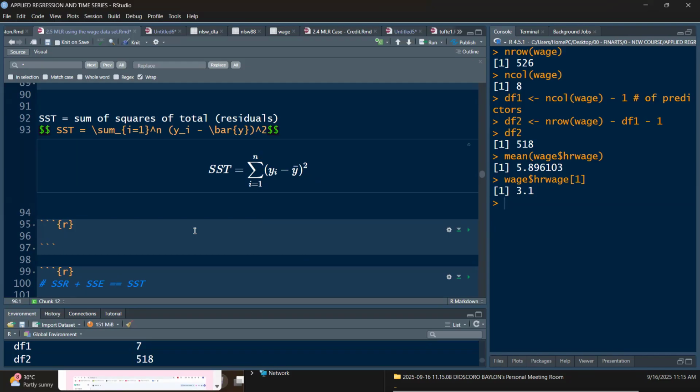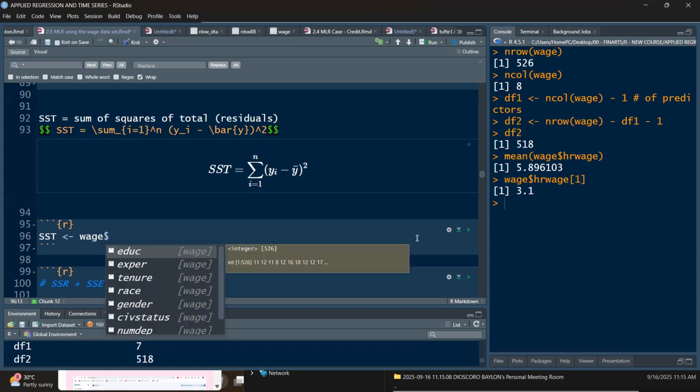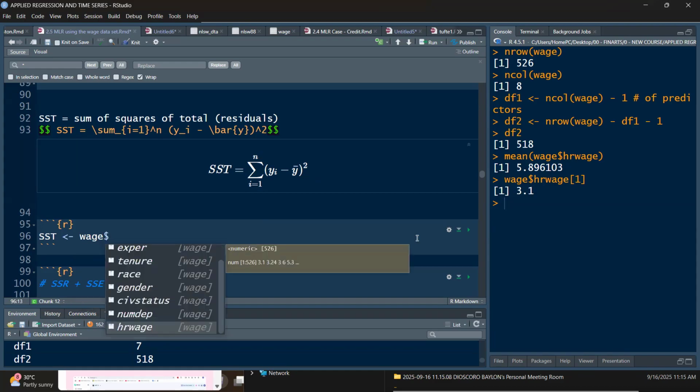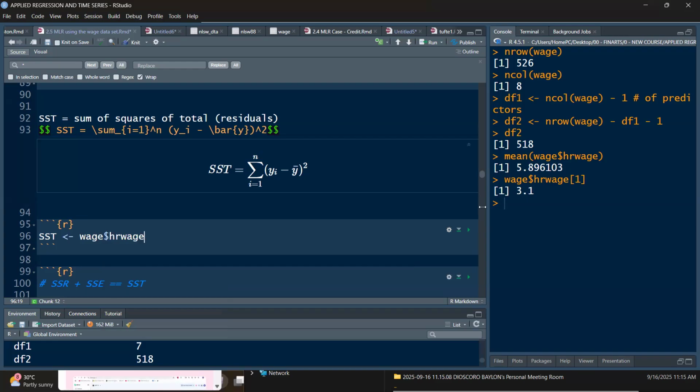So let's create SST, equal to, let's first get y sub i. So that's from the wage dollar, hourly wage. This one, class, contains all your y sub i's.